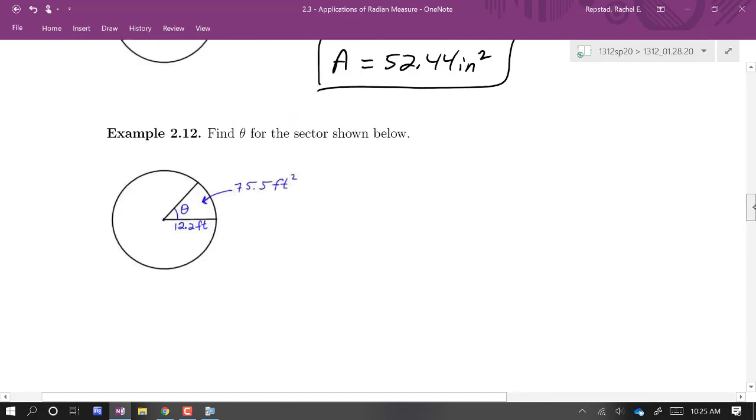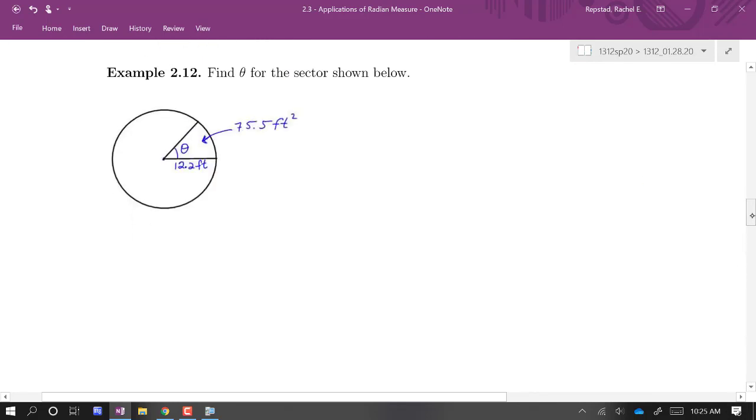Next one, we're going to find the angle. They gave us the radius, they gave us the area. We want to find the angle theta. So we start with the formula A equals theta r squared over 2. We could plug stuff in first and solve, but I'm a fan of doing a little bit of algebra in the beginning.